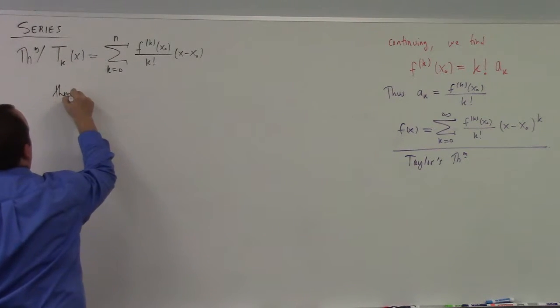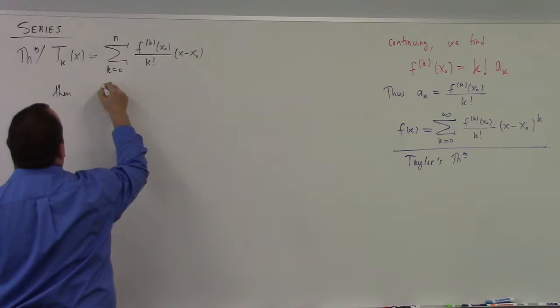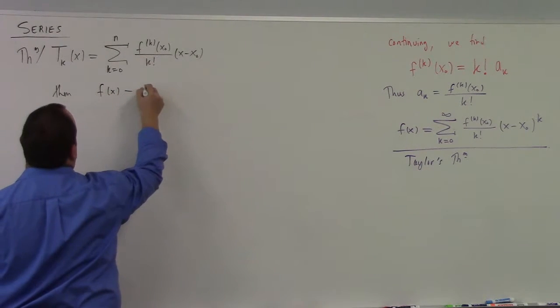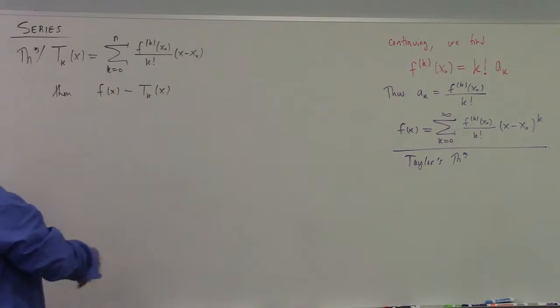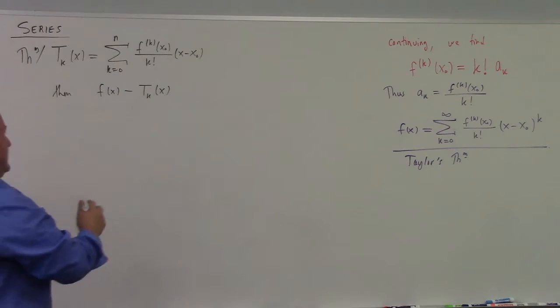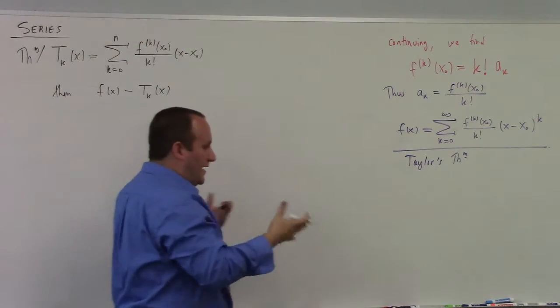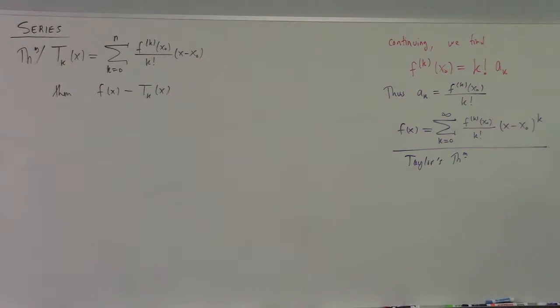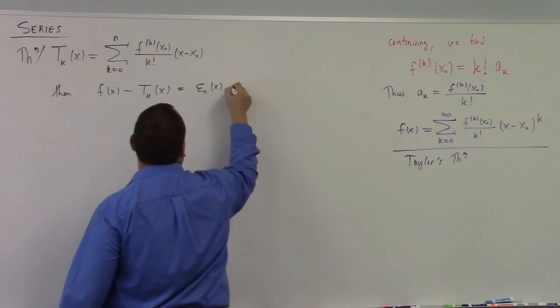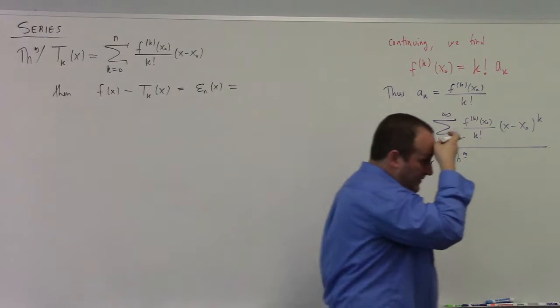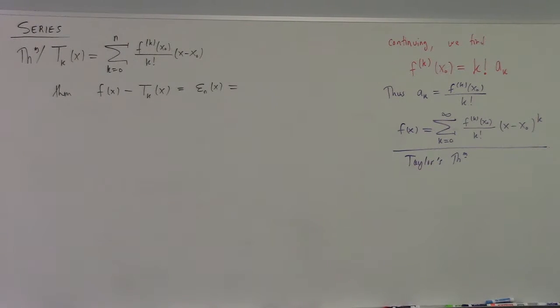Then if you look at f of x minus this Taylor polynomial, in other words, this polynomial approximation to the function, you can bound the error as follows. This is equal to epsilon n of x. He calls it little epsilon n of x, and the theorem is that. And I have a proof of this in detail in my Calc 2 notes if you want to look at it.